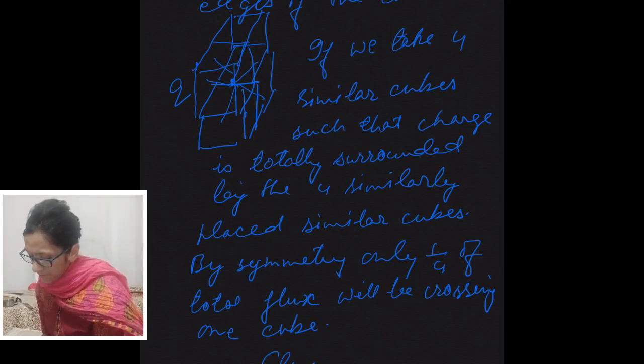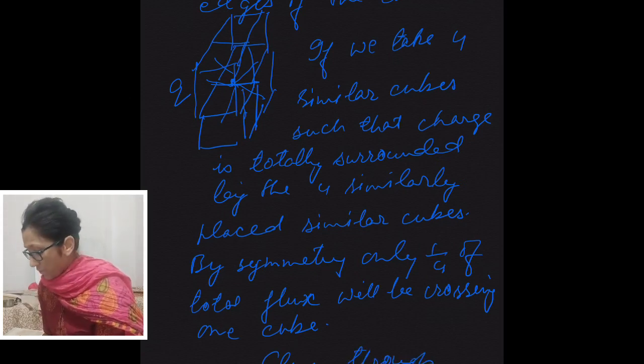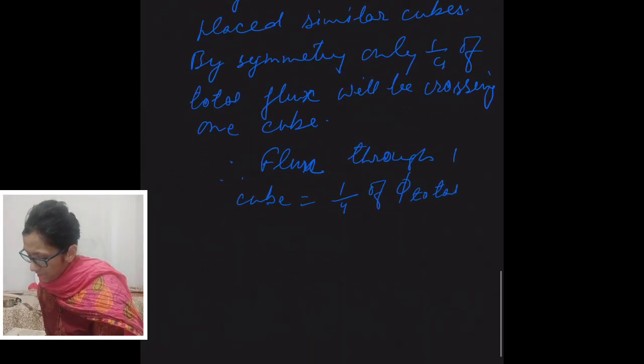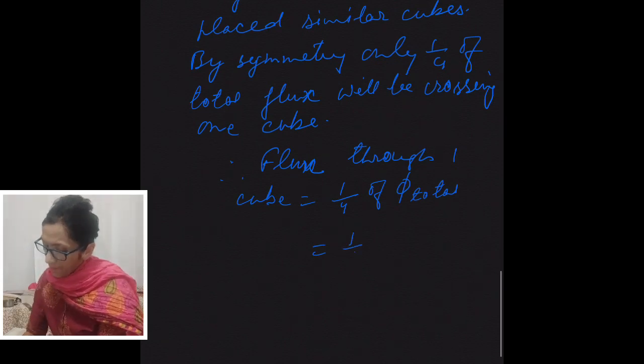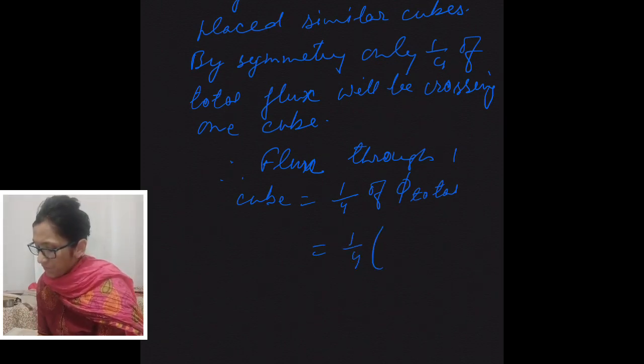Therefore, flux through one cube is equal to 1/4 of the total flux, and this is equal to 1/4 into Q enclosed by epsilon naught.